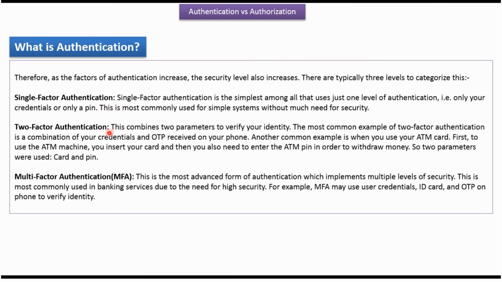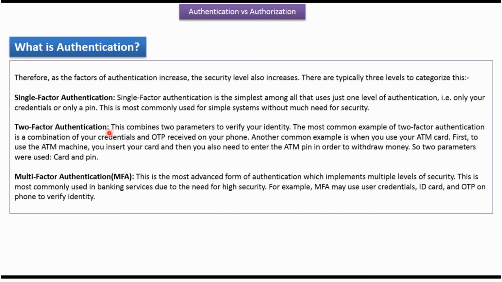The second type is two-factor authentication, and it combines two parameters to verify your identity. The most common two-factor authentication is you enter your username and password, then you enter the OTP which is received on your phone.